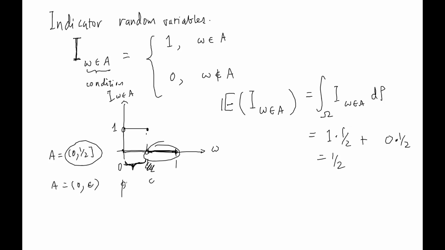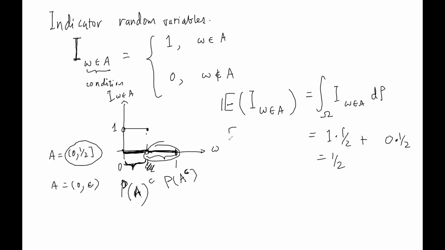This will be my P, the measure of the set A, right? This consists of all the omega falling in A. So basically, this is a measure on A, and this is a measure on A complement.